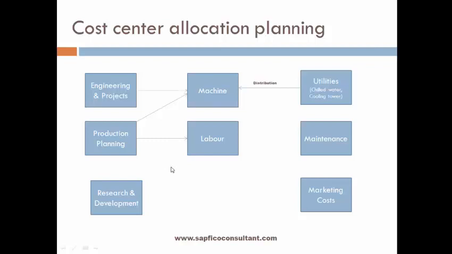Engineering and projects are also supporting the machine, so it will allocate cost to machine. And engineering projects also will allocate cost to labor. And this is done through an assessment cycle.